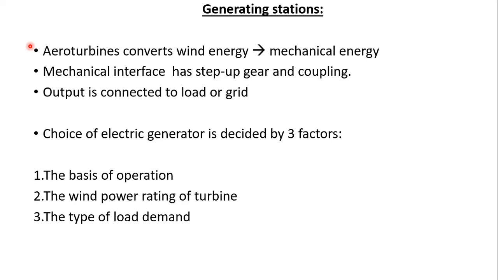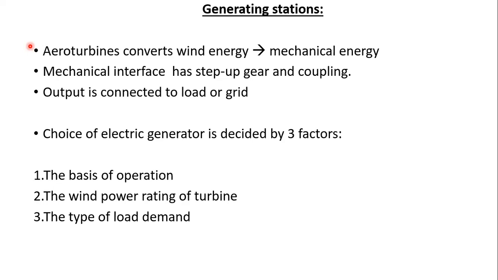Okay, so the choice of the electric generator is decided by three factors. The choice of the electrical generator and control method to be employed can be decided by considering these three factors. First is the basic operation, that is either constant tip speed or constant tip speed ratio. Whichever we choose, based on this we have to select the generators.